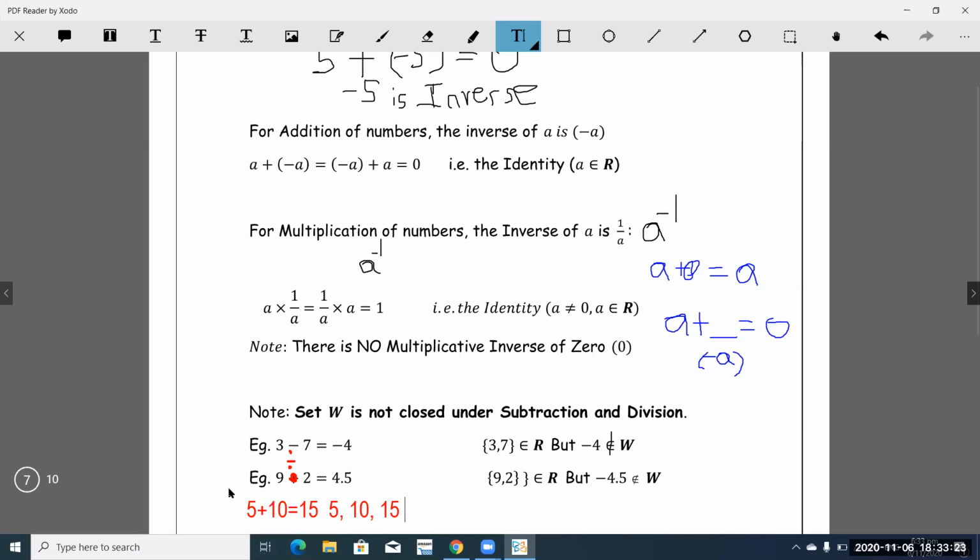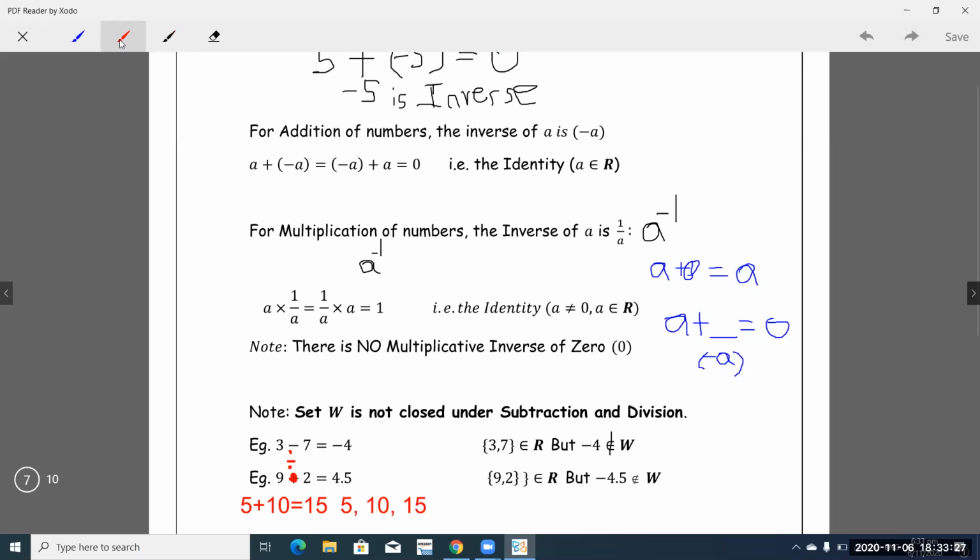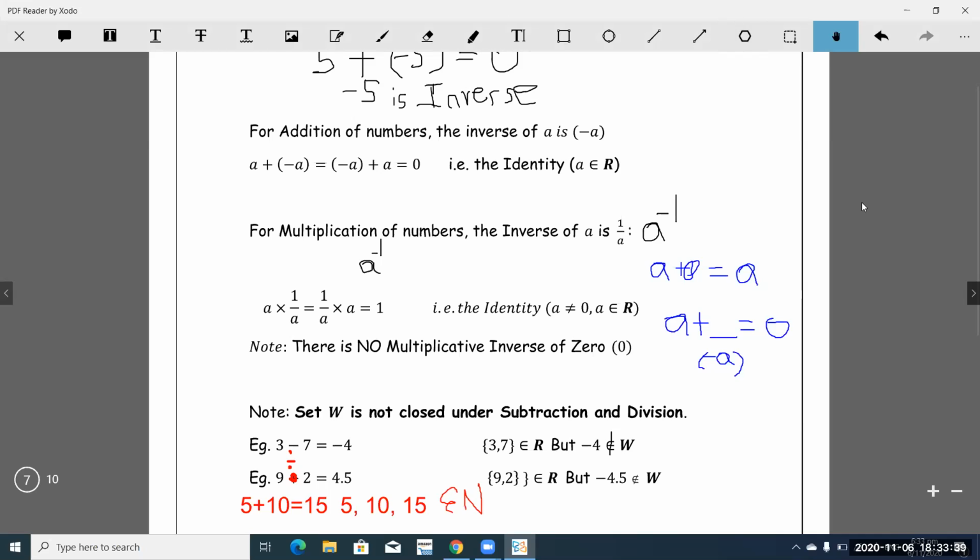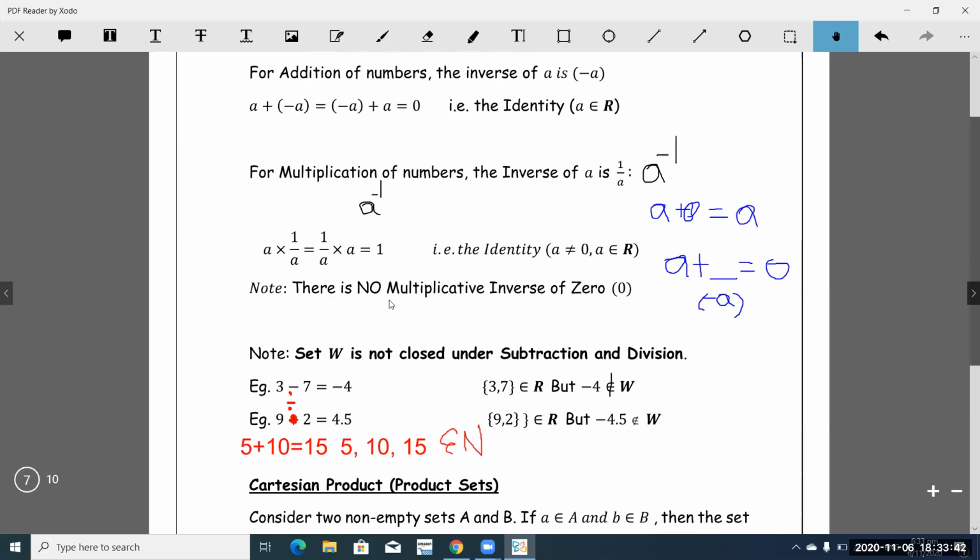And so because the result 15 is inside the set, we say that the set of natural numbers is closed. Natural numbers are represented by N, and so we say that the set of natural numbers is closed.